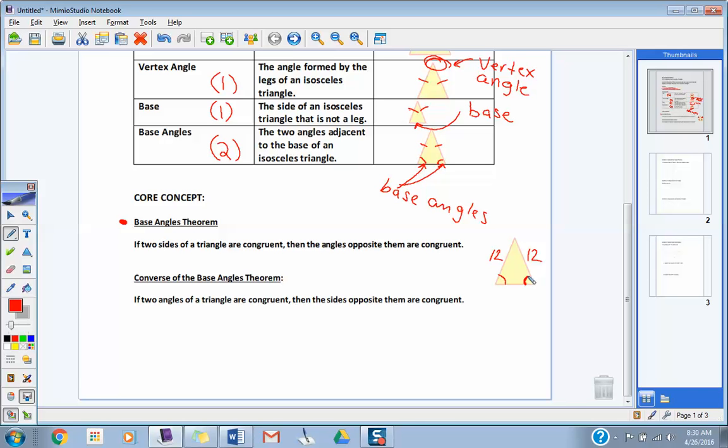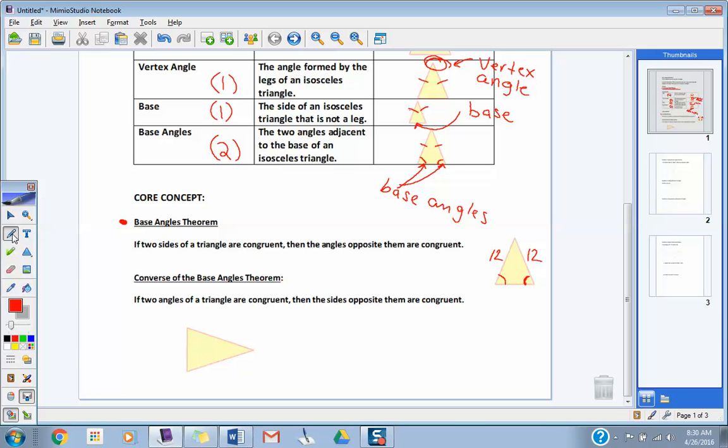Now the converse of the base angle says this. If two angles of a triangle are, what's the word here? Then the sides opposite them are congruent. Basically what this is saying is, let's suppose we have an isosceles triangle like this. Okay? And I'm going to change this up a bit. I'm going to rotate this a little bit, maybe draw it like that. They're simply saying the following.